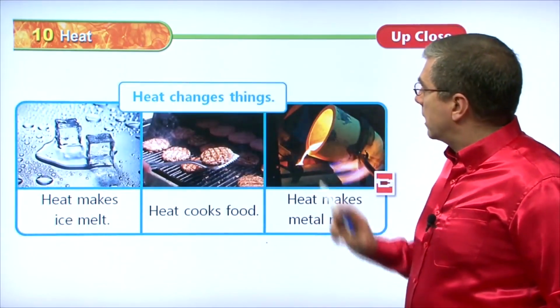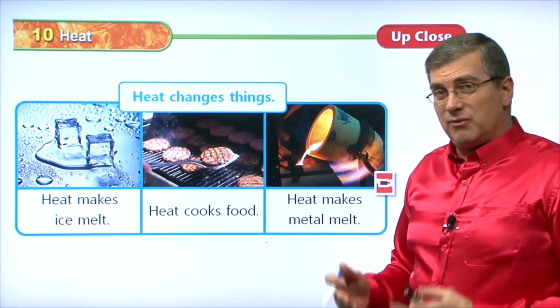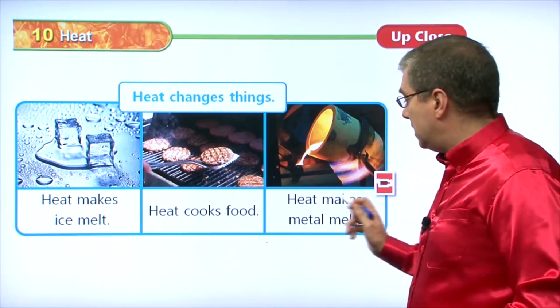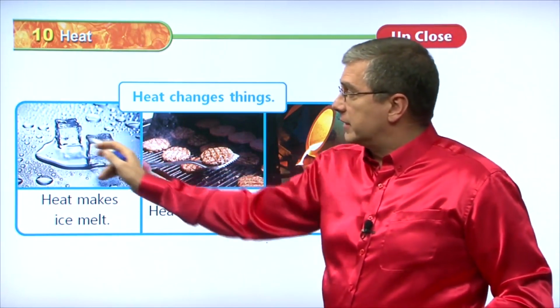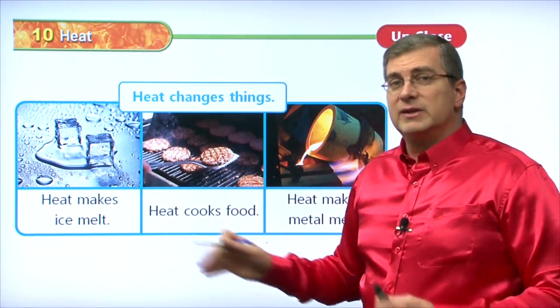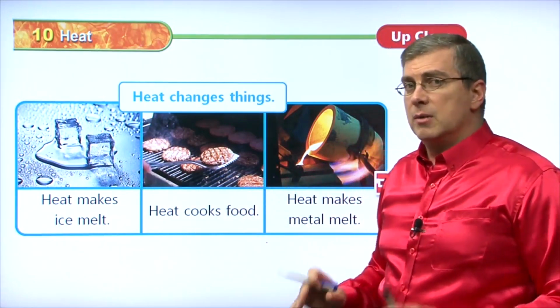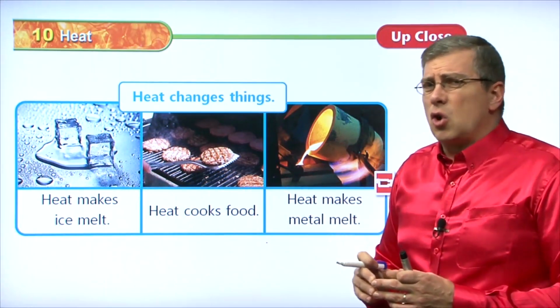Finally, what's going on in here? This is in a factory where they're making some type of metal products. Heat makes metal melt. So over here we saw how ice, this is solid water, right? Ice doesn't need a lot of heat to melt, but think about metal. Metal is a solid. Metal doesn't normally melt.